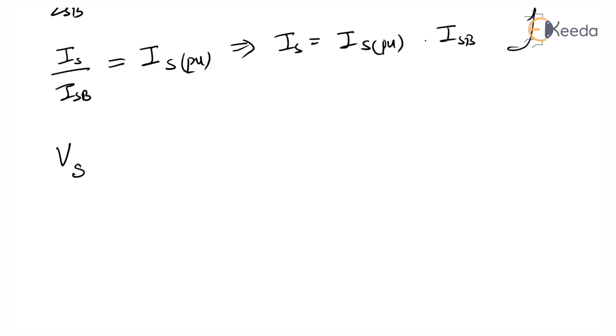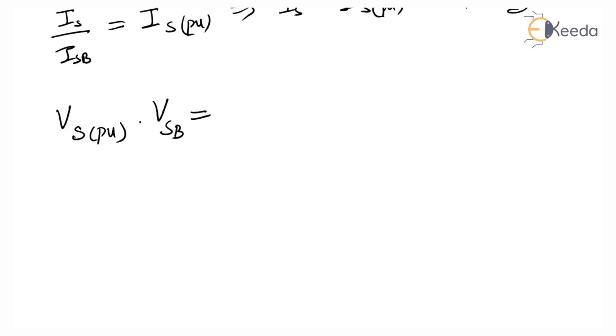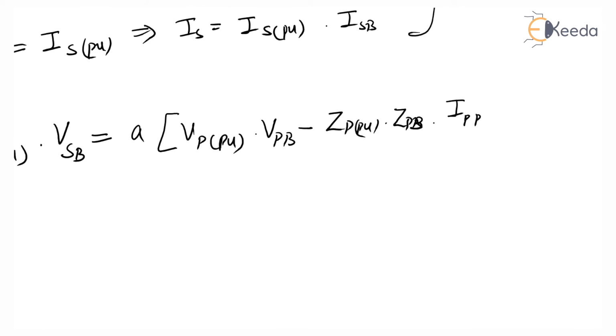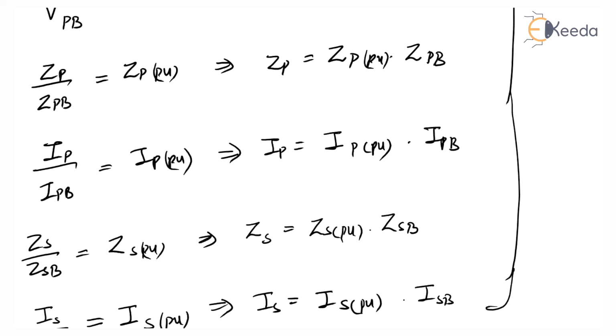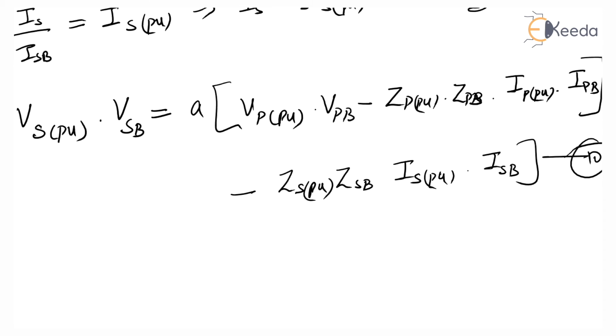So we can write Vs per unit into VSB is equal to A into (Vp minus Zp Ip), so A into (Vp per unit into VPB minus Zp per unit into ZPB into Ip per unit into IPB), bracket close, minus Zs Is, minus Zs per unit into ZSB into Is per unit into ISB. Suppose this is equation number 10.